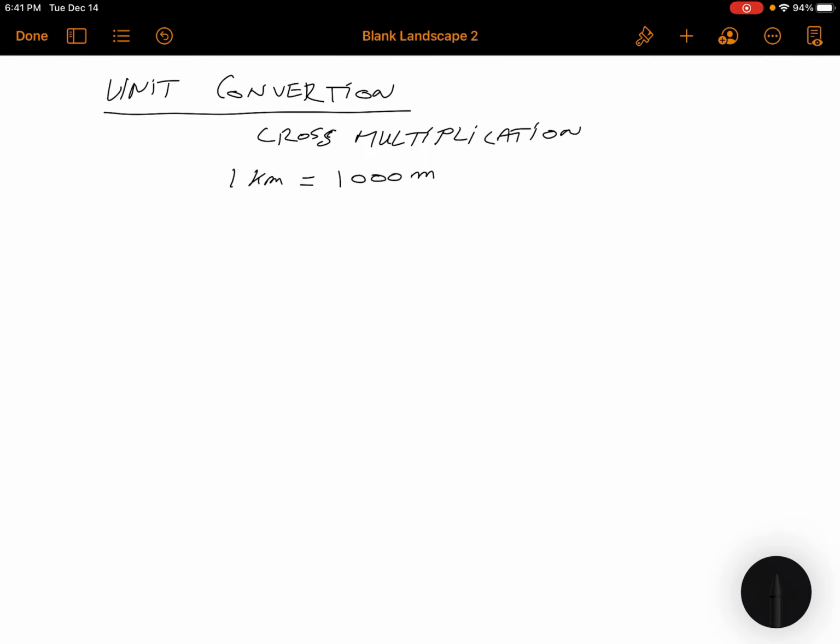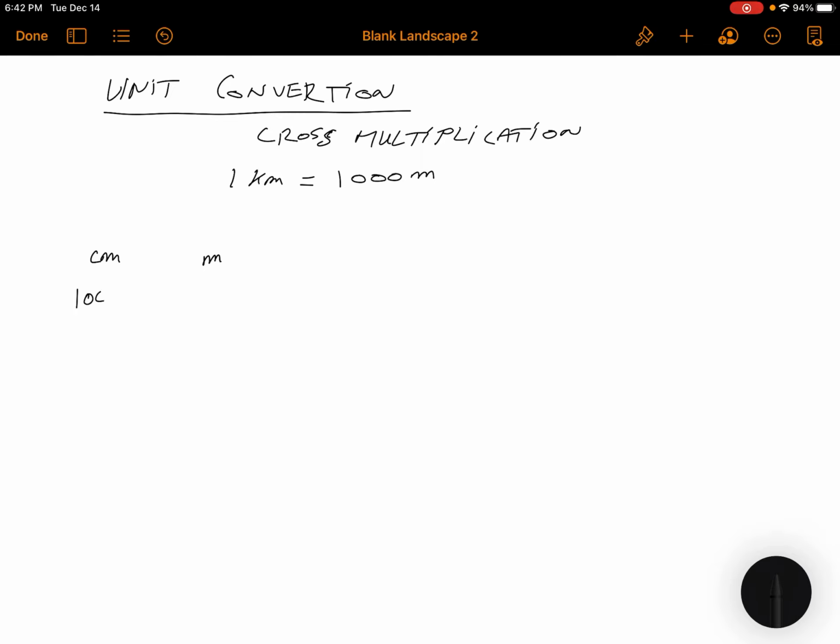So I'm going to write a little table there. I will have one column with the unit that I am measuring in, and another column with the unit that I want to convert to. So we're going to go from centimeter to meter.